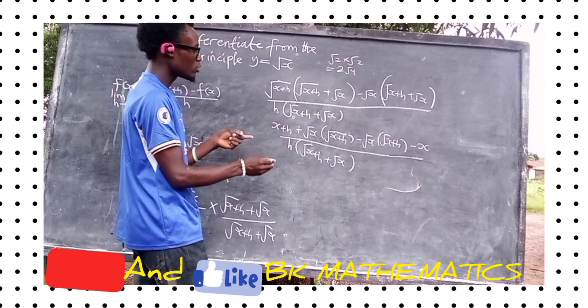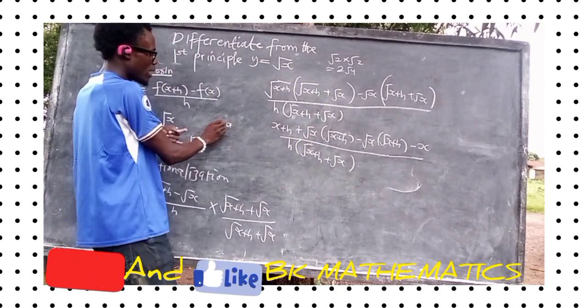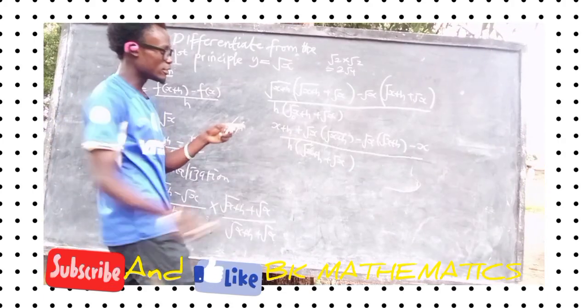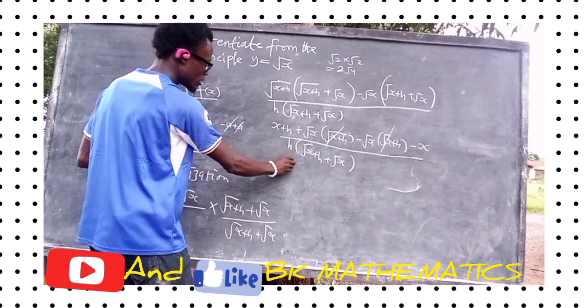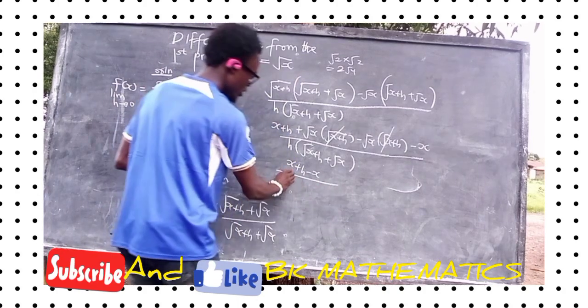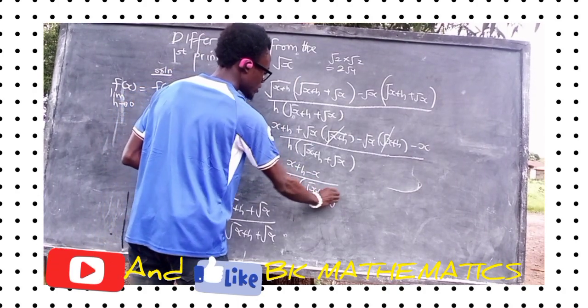Just like if you have minus a plus a, they automatically become 0. This cancels this, then what remains is x plus h minus x, divided by h into root x plus h plus root x.